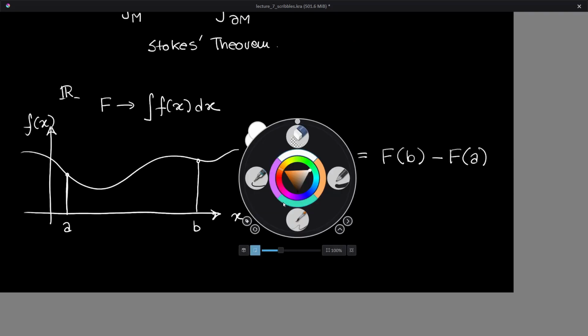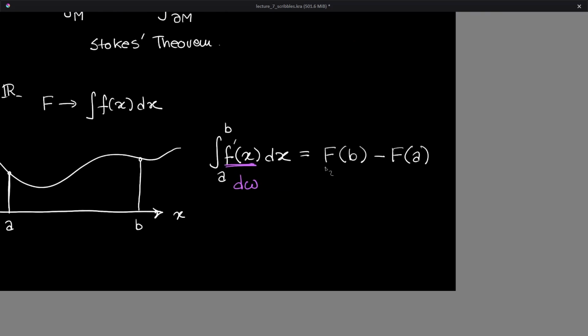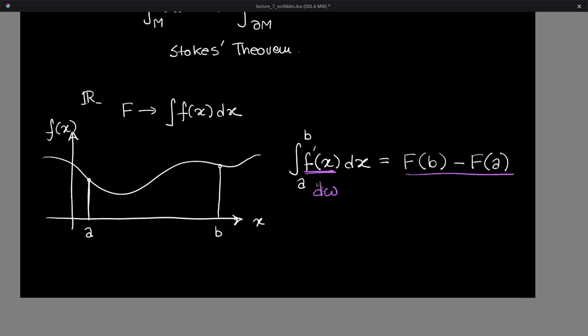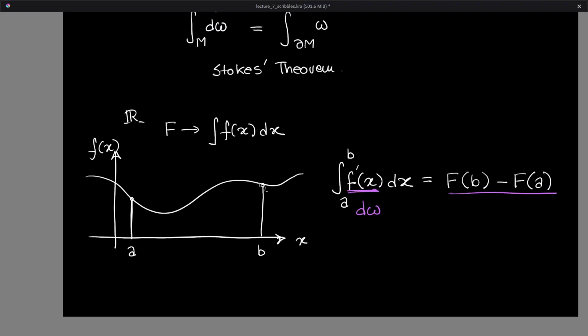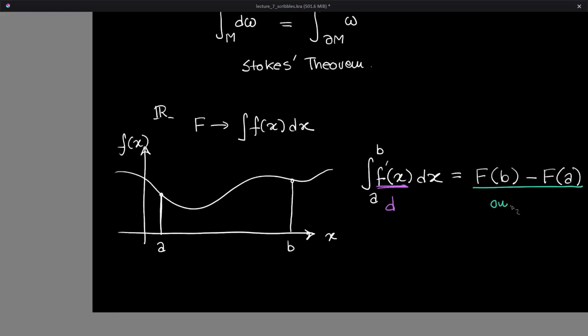So this is d omega. This is omega evaluated at the boundary, and these are the boundary values. So this is the boundary. Let me color code that. This side is the boundary.